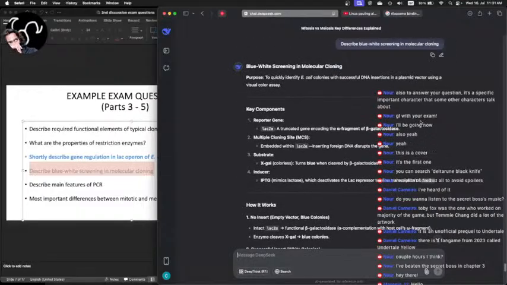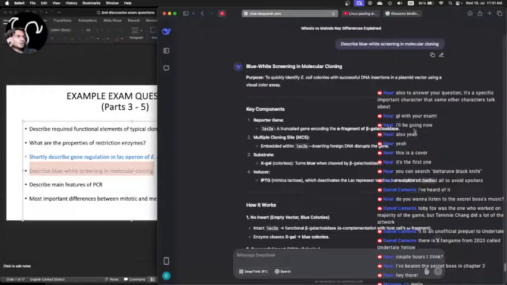Purpose: to quickly identify E. coli colonies with successful DNA insertion in a plasmid vector using a visual color assay. Reporter gene lacZ alpha, a truncated gene encoding the alpha fragment of beta-galactosidase.